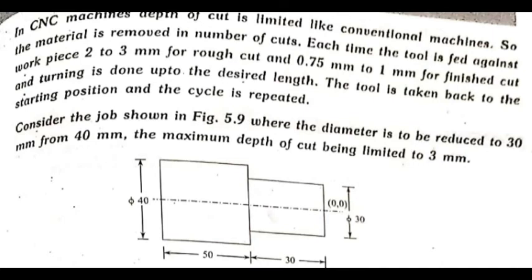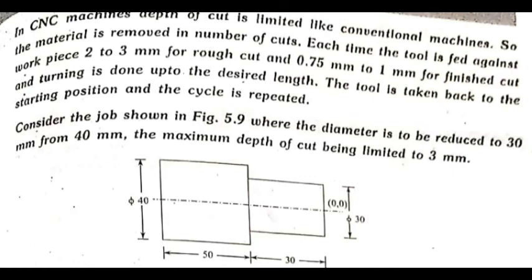Each time the tool is fed against the workpiece 2 to 3 mm for a rough cut, and 0.75 mm to 1 mm for a finish cut, and turning is done up to the desired length. The tool is taken back to the starting position and the cycle is repeated.